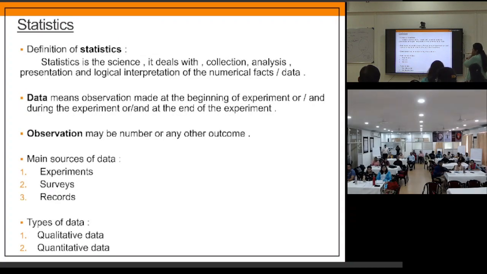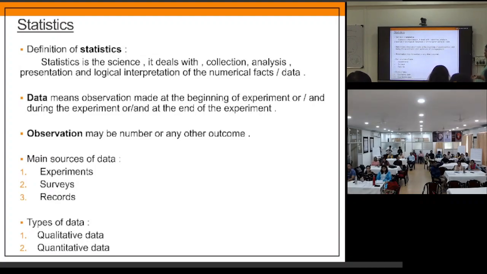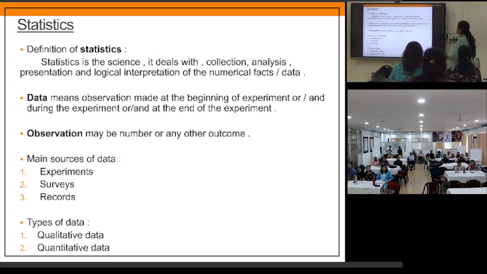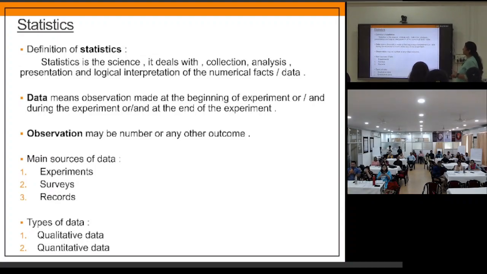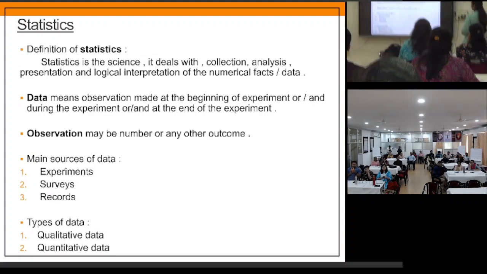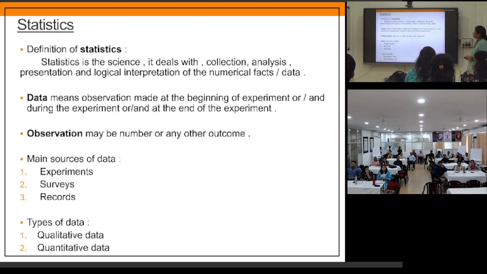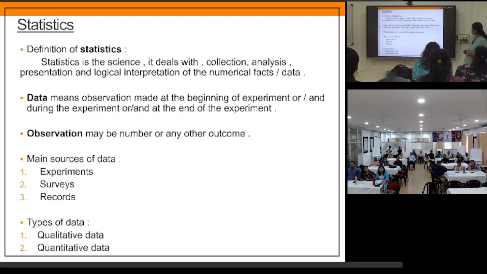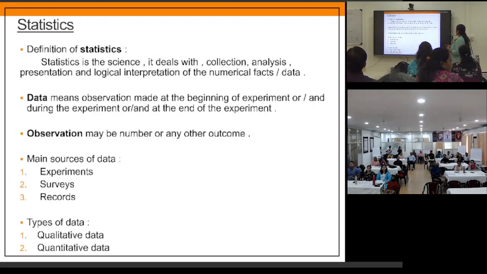So statistics is the science which deals with collection, analysis, presentation, very importantly easy presentation, and logical interpretation of numerical facts and data. Data means observations made at the beginning of the experiment, or during, or at the end of the experiment.